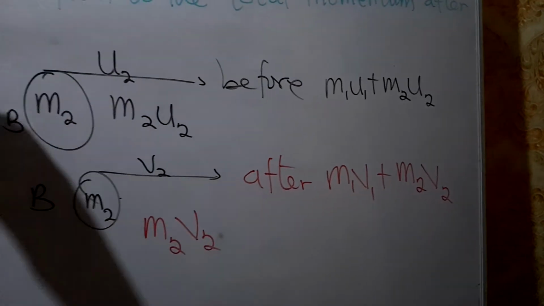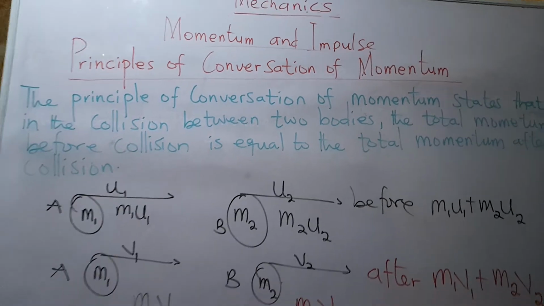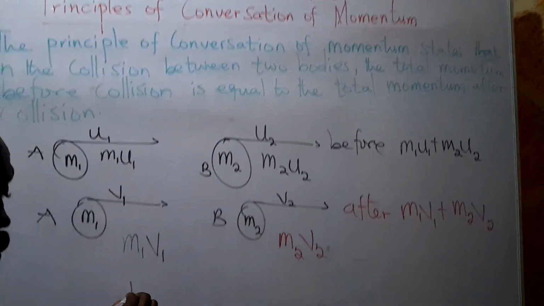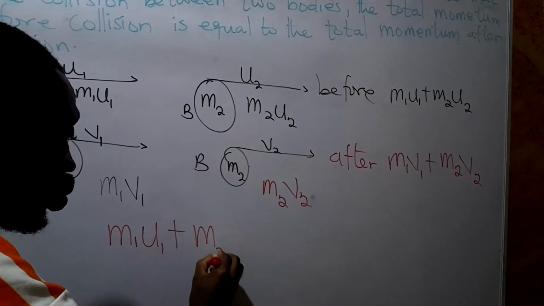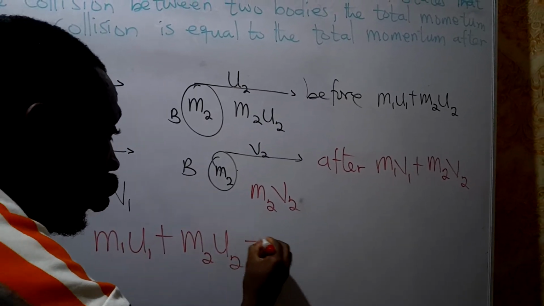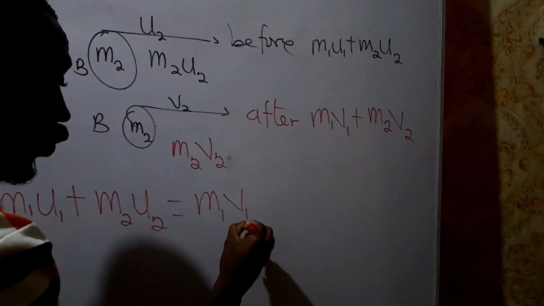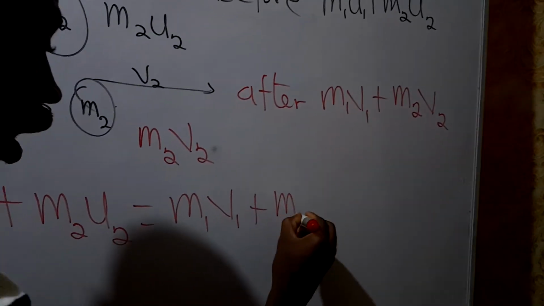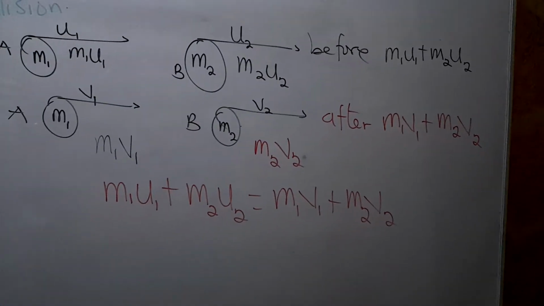So what is the principle of conservation of momentum telling us? It says that the total momentum before collision, which is m1 u1 plus m2 u2, will be equal to m1 v1 plus m2 v2. I hope you get that.